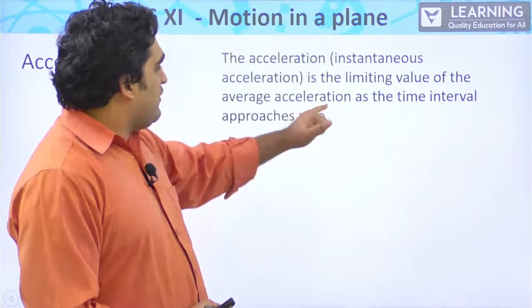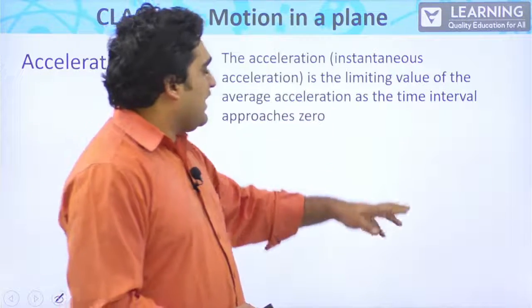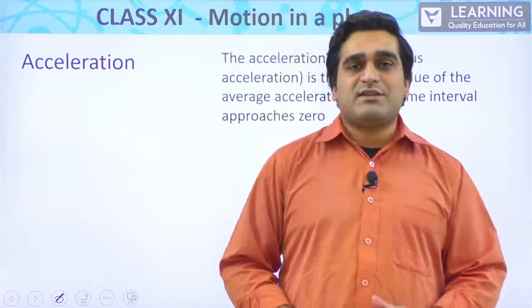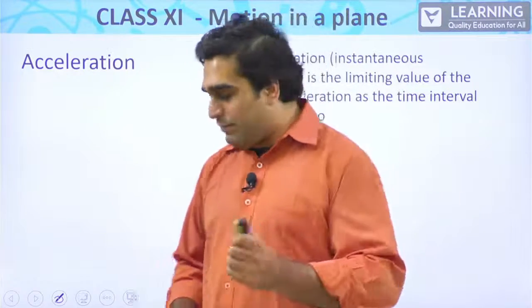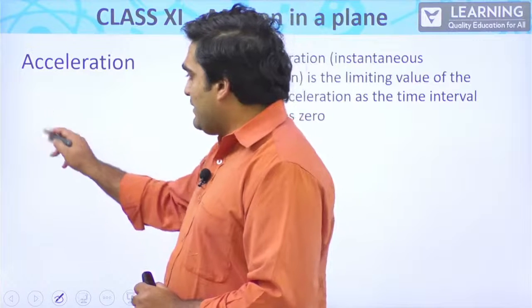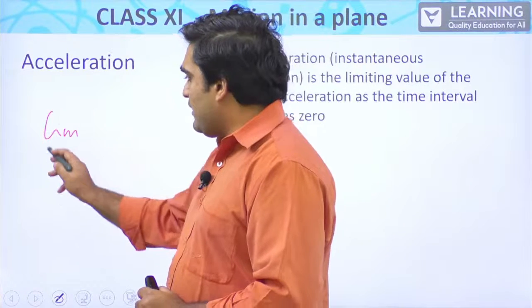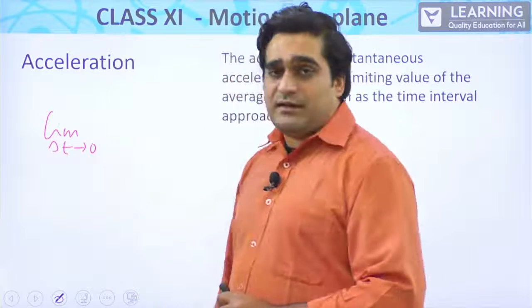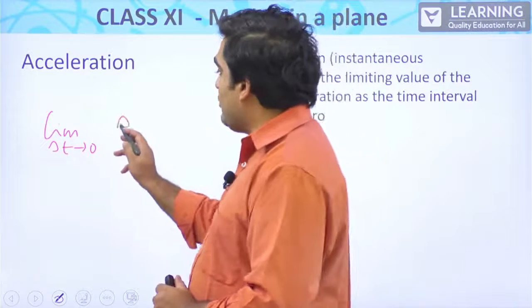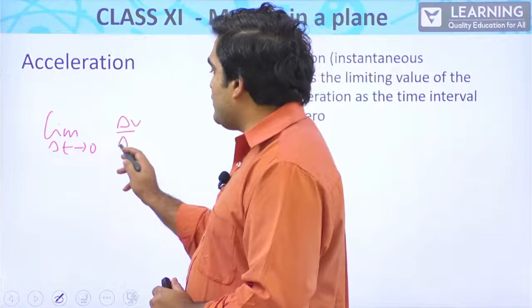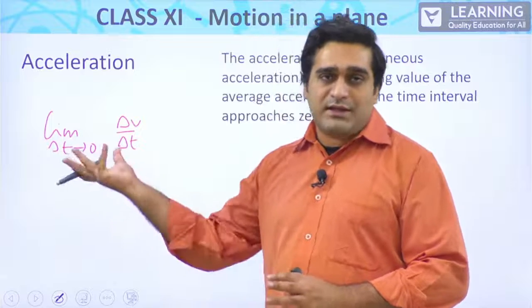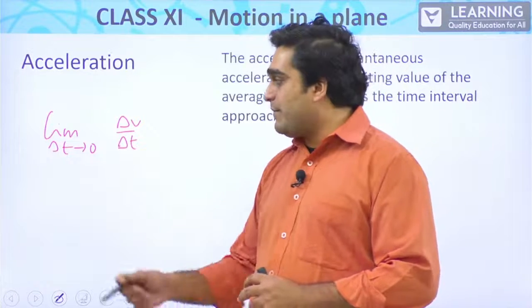It is the limiting value of average acceleration as the time interval approaches 0. So what exactly does it mean for a time interval to approach 0? Let's take the case where a limit is applied, where delta t tending to 0 is applied to the rate of change of velocity, which is an average acceleration.